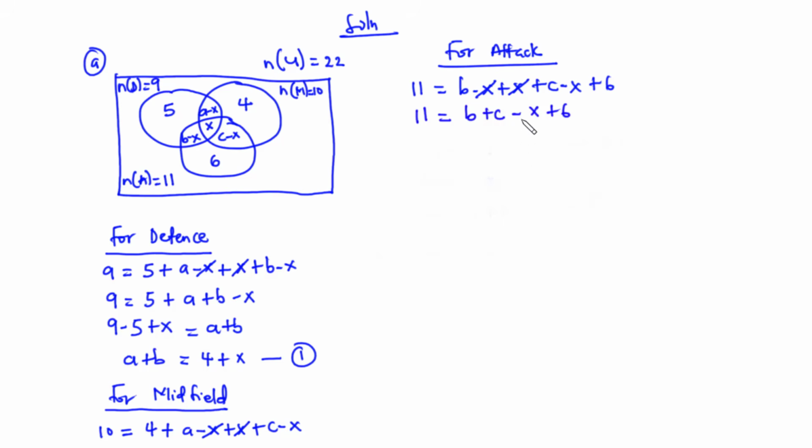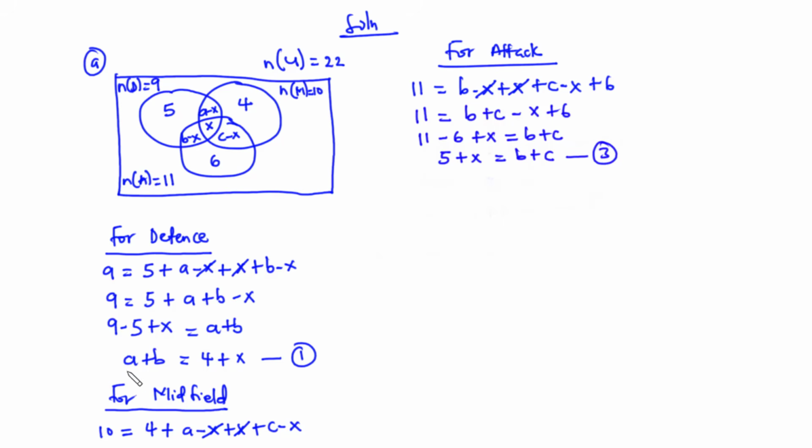Now let's transpose negative X and then 6 to the left hand side. So that is 11 minus 6 plus X equals B plus C. Now 11 minus 6 is 5. So 5 plus X is equal to B plus C. Let's call this equation 3.